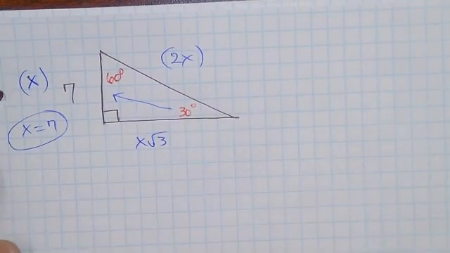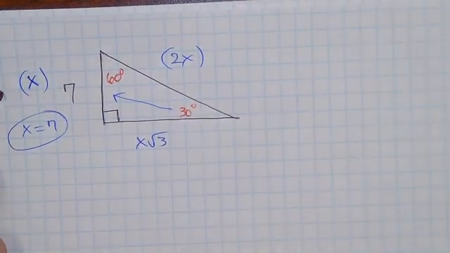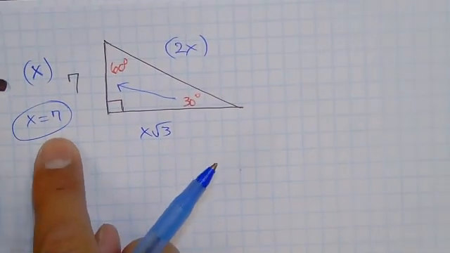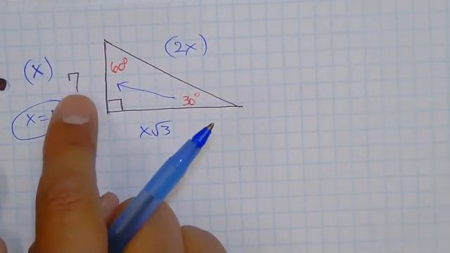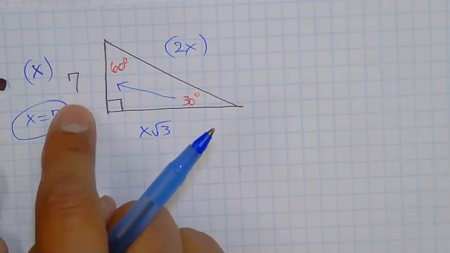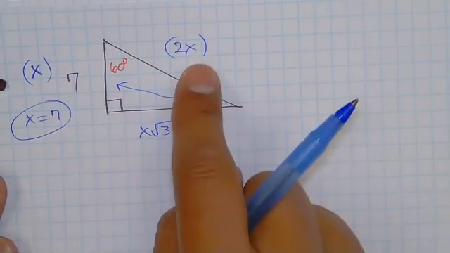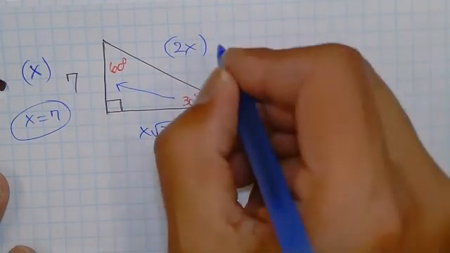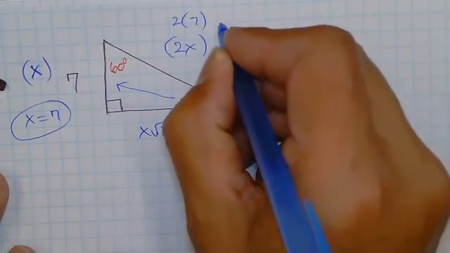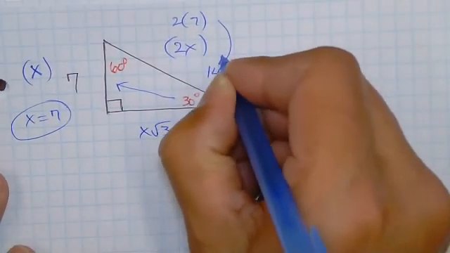I know you want to get this answer, but relax. Let's label this last side. This is what? x root 3? Yeah. Okay, so once I got them all labeled, there was really no solving to do. They gave me the side with the x measure. So if x is 7, what's the hypotenuse going to be?